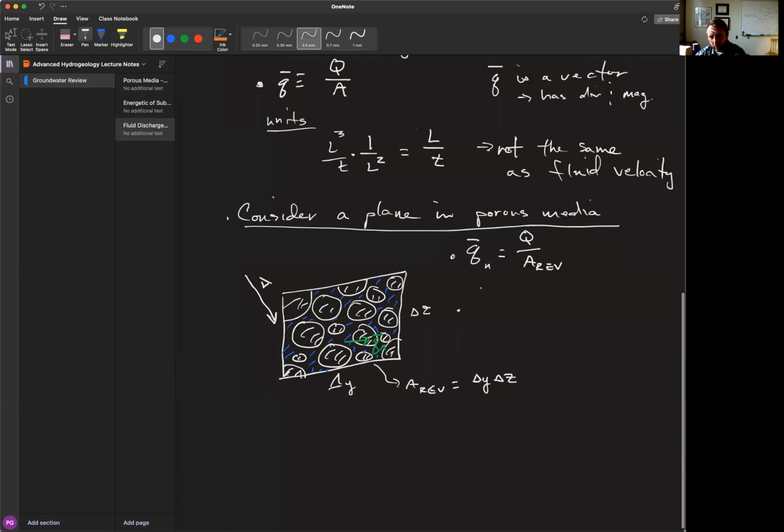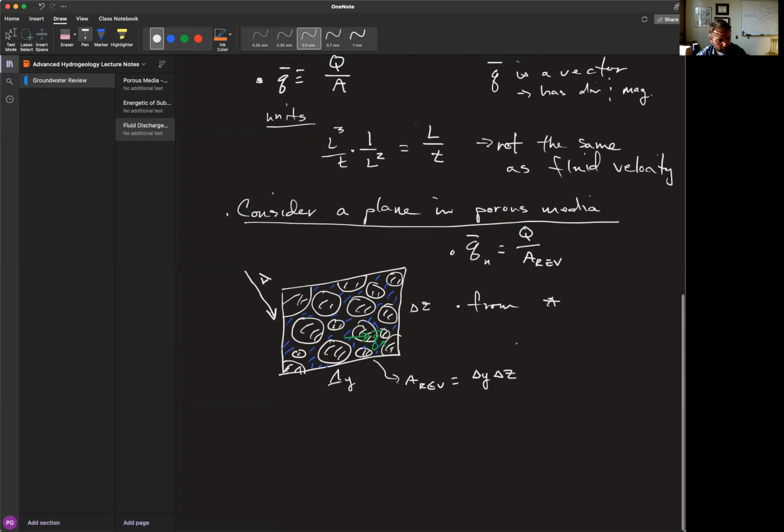All right, so from star, I can say that my discharge, Q, is equal to V dotted into N, my normal, all right? And then the area across which fluid can flow.